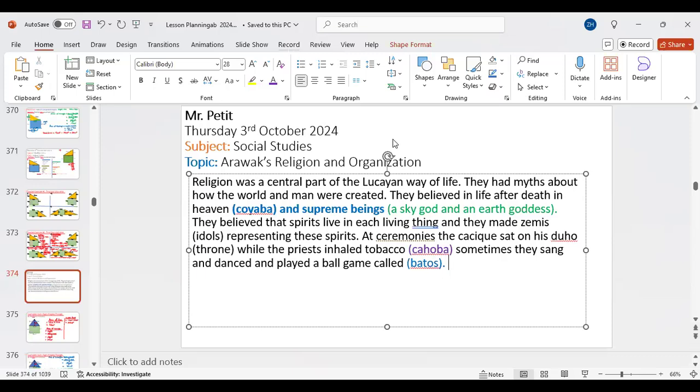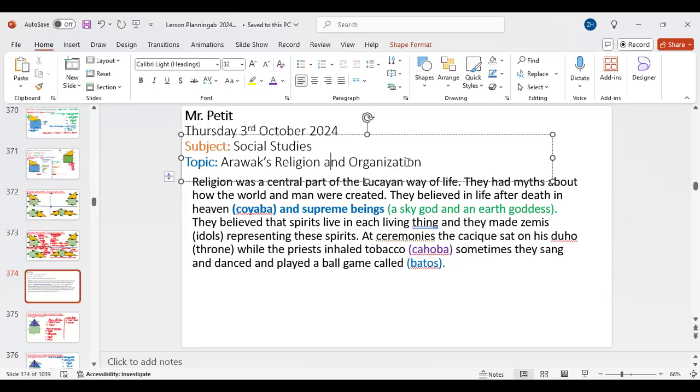So let's stay focused. The priests inhaled tobacco, and basically the reason they did that is to facilitate communication with their spirit beings. Once you're in that hypnotic state, it's easy for you to hallucinate.